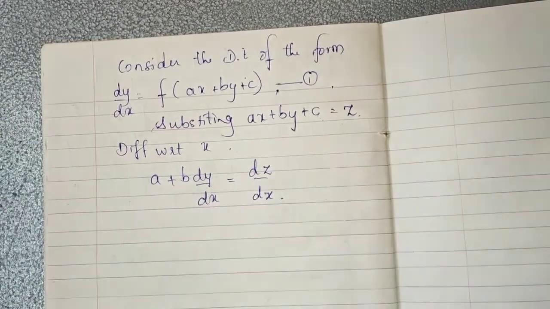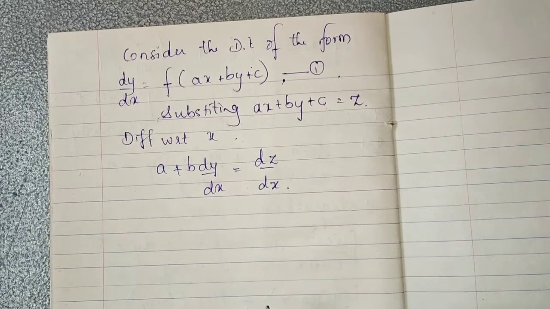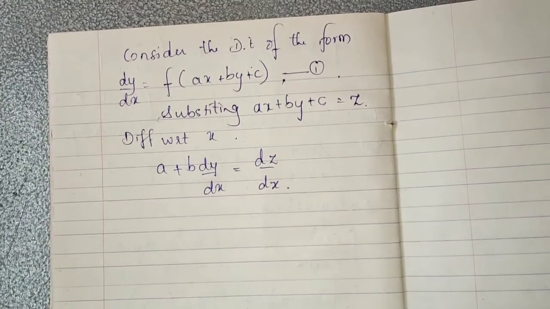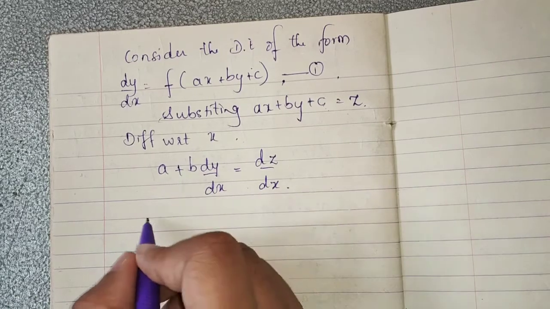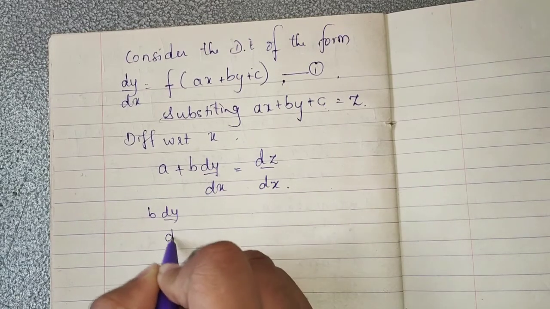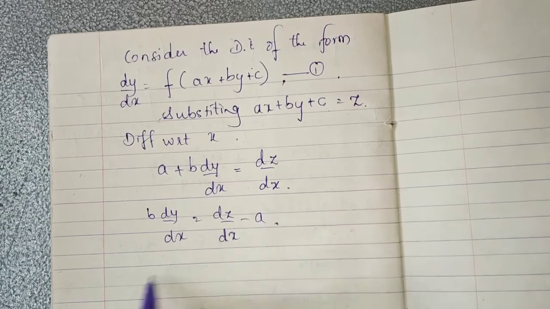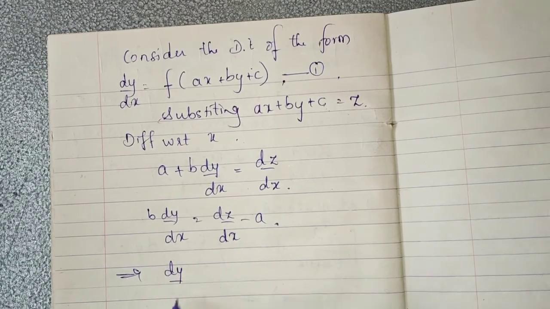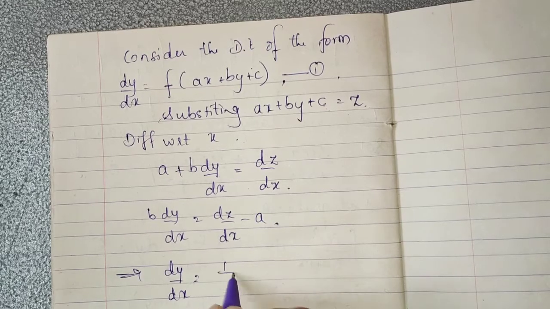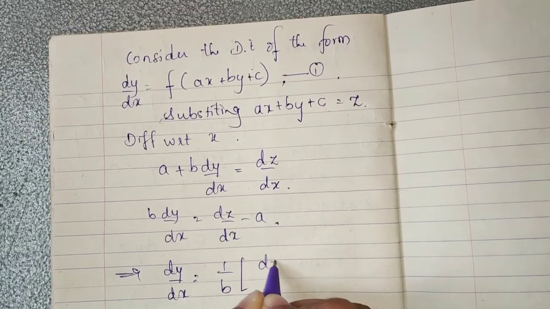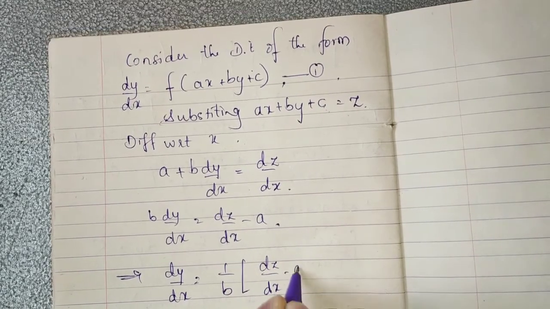Here a, b and c are constants. b into dy by dx equal to dz by dx minus a, which implies dy by dx equal to 1 by b times dz by dx minus a.